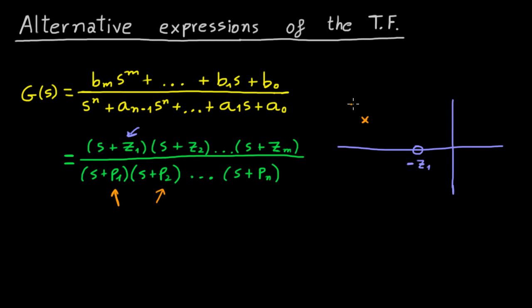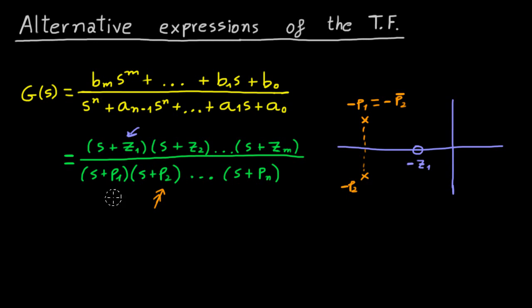This would be minus p1, and this one is minus p2, and as you see, the poles are indicated with an x. Since those two are complex conjugates, minus p1 is the same thing as minus p2 bar, the complex conjugate of minus p2. We could do the same with all the rest of poles and zeros.